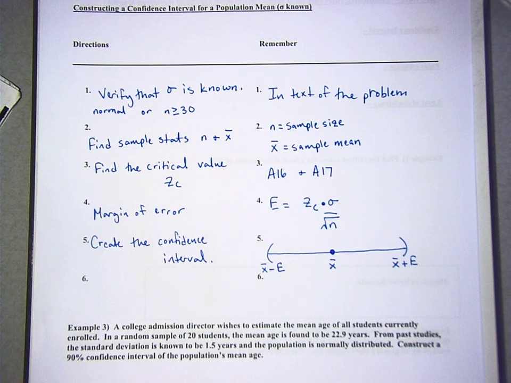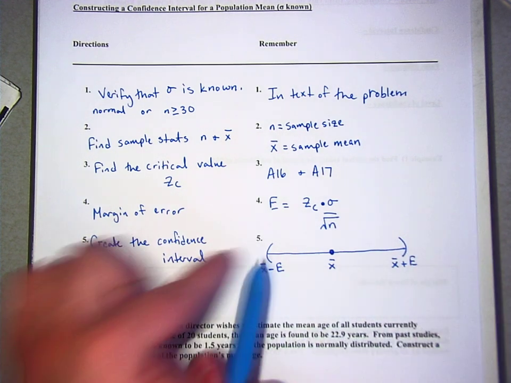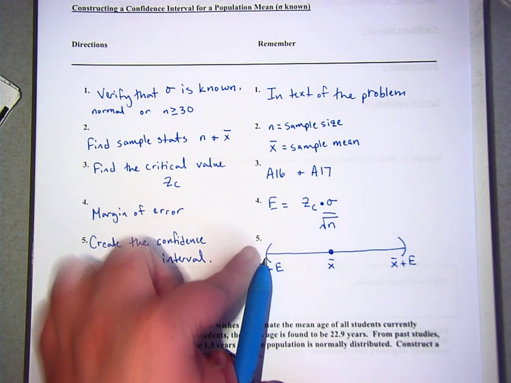That's what I meant when I said that sometimes it's kind of like a positive and a negative z-score you're using. Like if you were to add a positive z-score, it would be this number, and if you were to add a negative z-score, you'd end up over here.